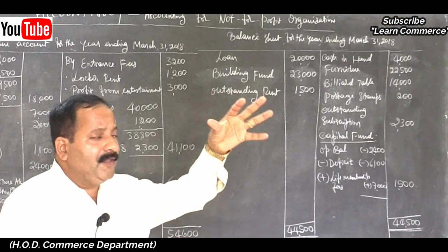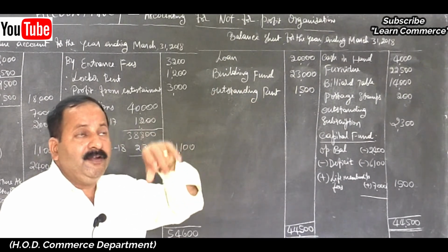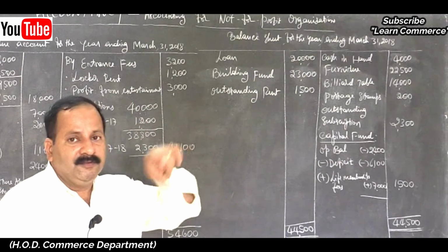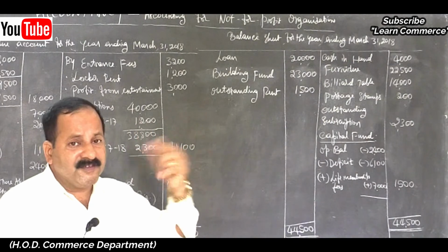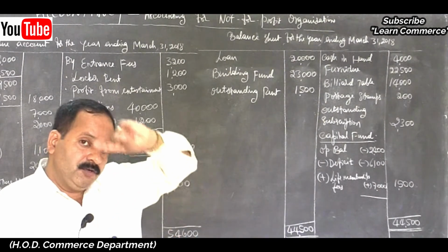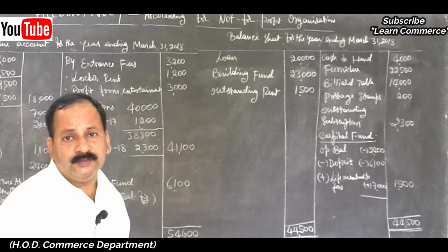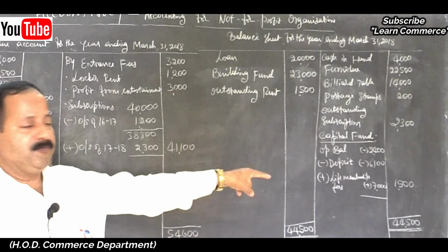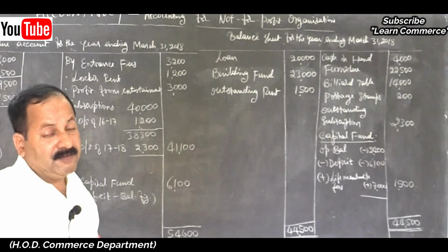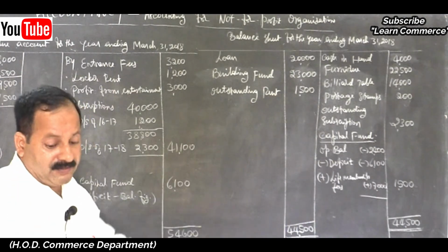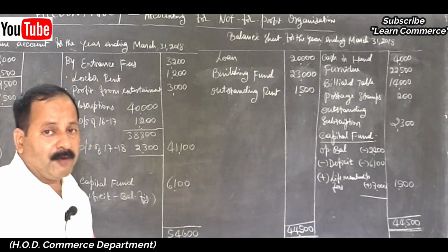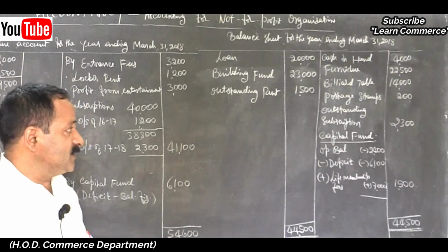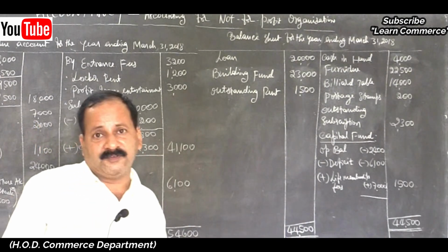You will enter it on the liability side as capital fund, opening balance, add surplus, or you will write opening balance minus deficit. But here, opening figure itself is negative. So the adjustment will appear on the asset side. That is the speciality of this problem. That is the reason I took up this problem in the class. I told you I will solve all the problems in the class just because there are some critical adjustments in each of the problems. Clear?